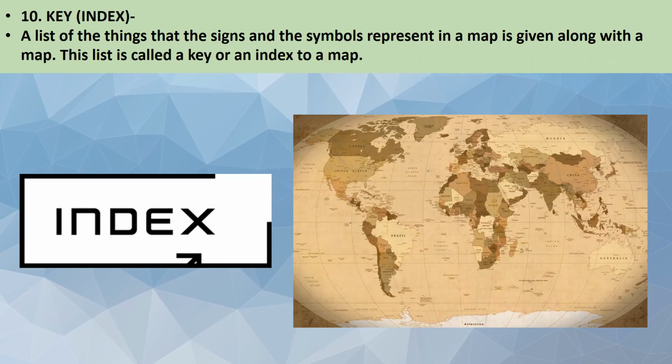A list of the things that the signs and symbols represent, given along with a map, is called a key or an index to a map.